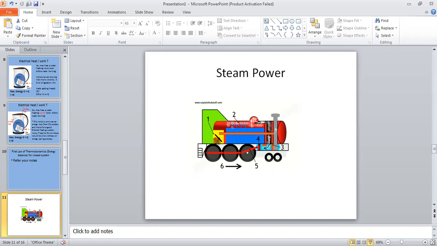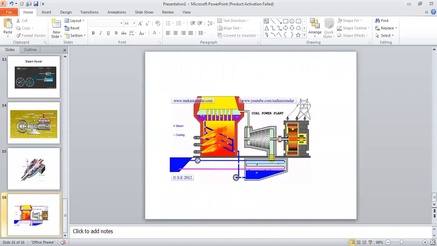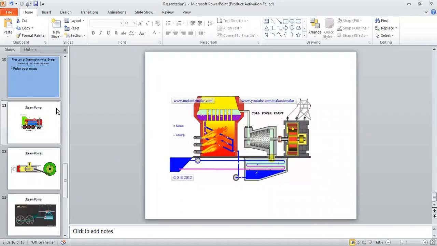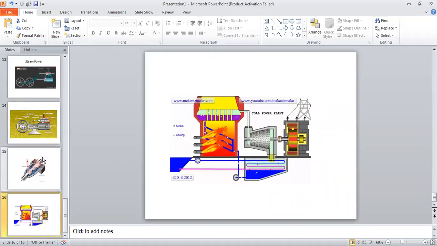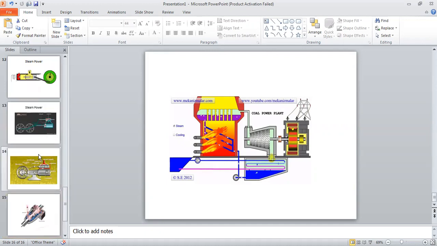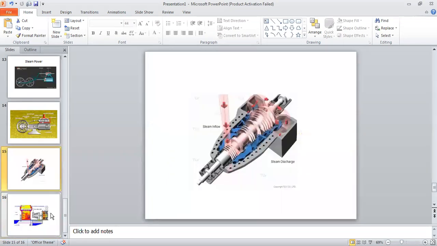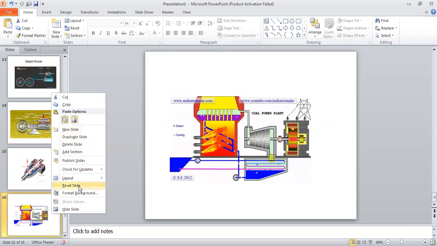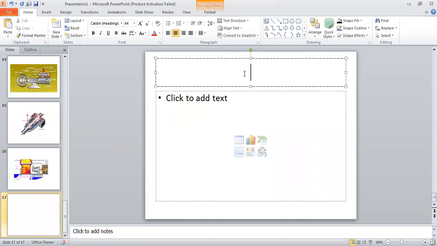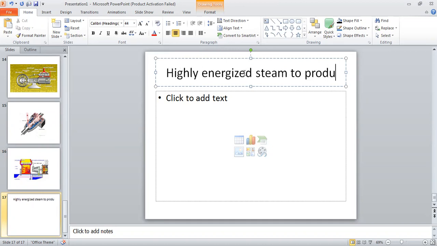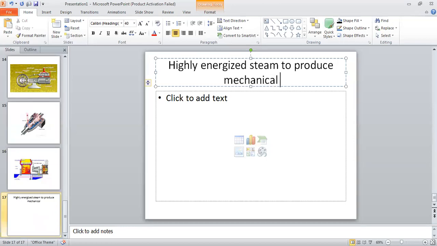Okay. So my question, you know that. Highly energized steam to produce mechanical work done.